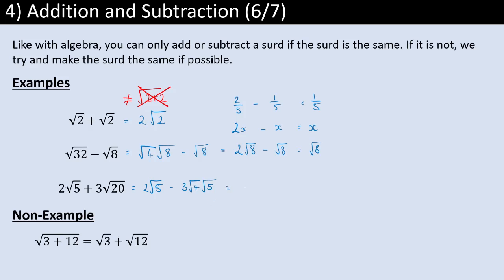Root 4 is the same as 2. So this is going to be 2 root 5, take away 3 lots of 2, which is 6 root 5. Remember, all of these things have got little multiplication signs that we don't bother writing in just because we're lazy. It's the same thing as seeing 3ab is 3 times a times b. If I have 2 of something and I take away 6 of something, that means that I'd be left with -4 of those things.